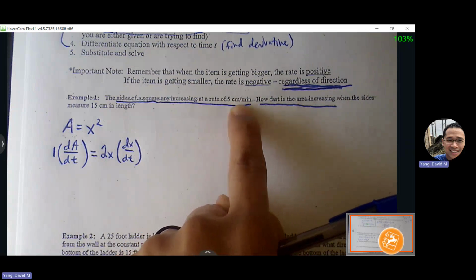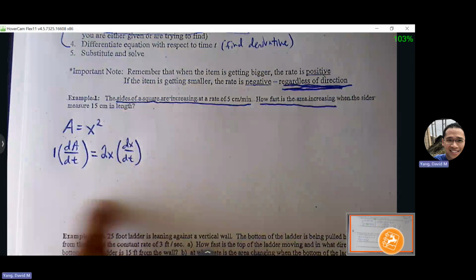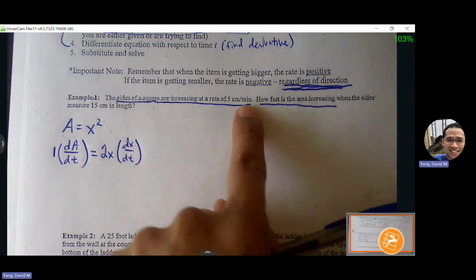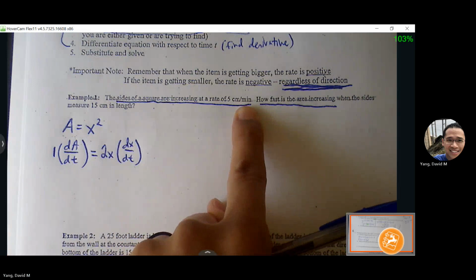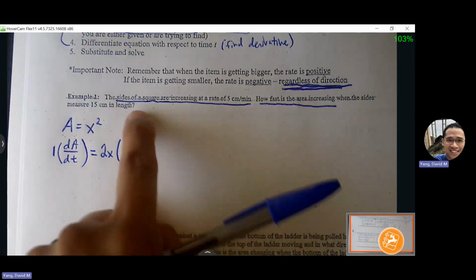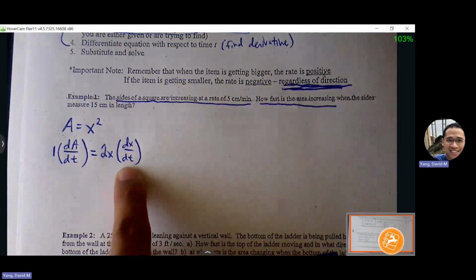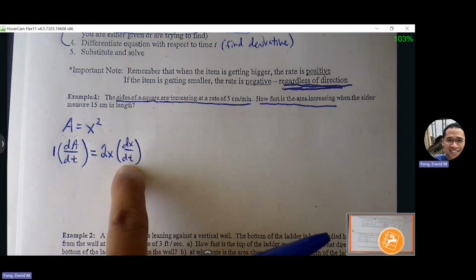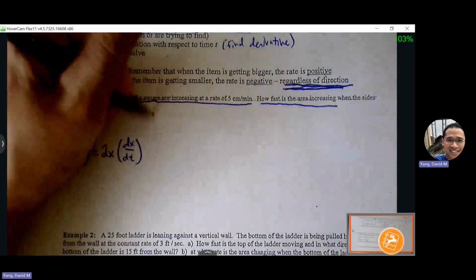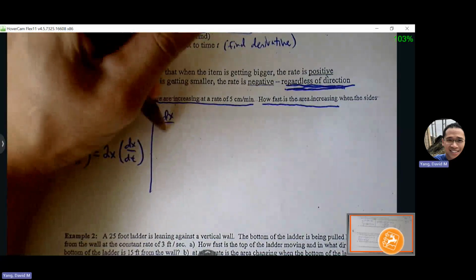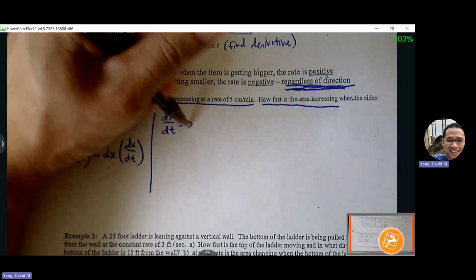So guess what this is talking about? It's rate of change. So which variable is this referring to? dx over dt. Okay, because you see size of a square, that's x. You see a time component, so it must be dt involved. So I'm going to step to the side here and say dx dt is equal to 5.